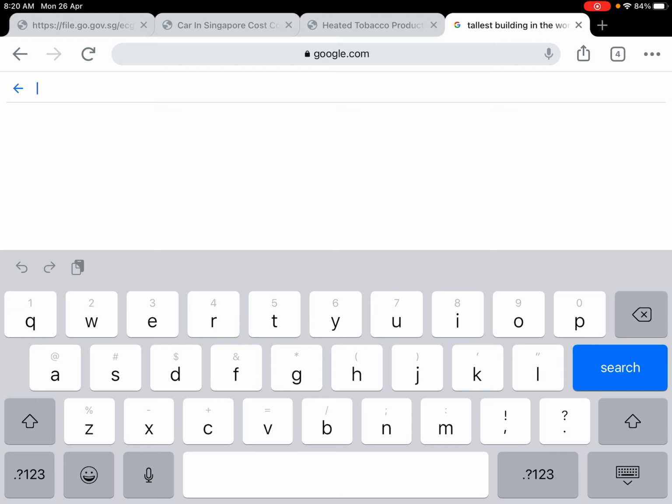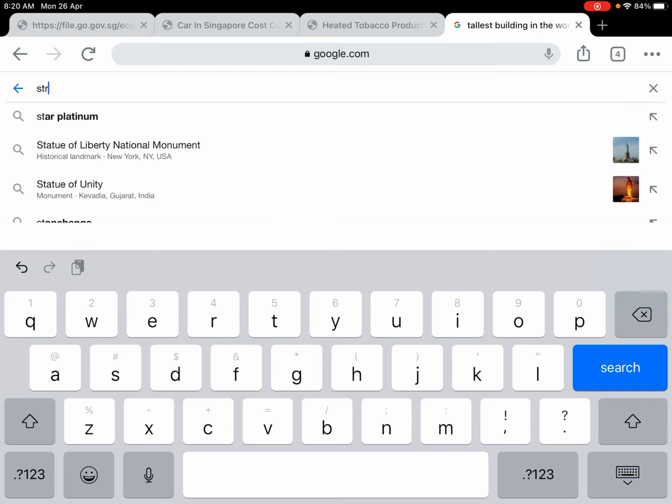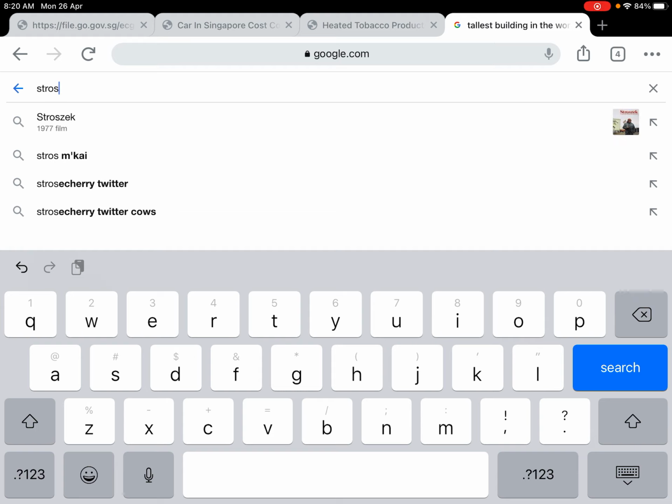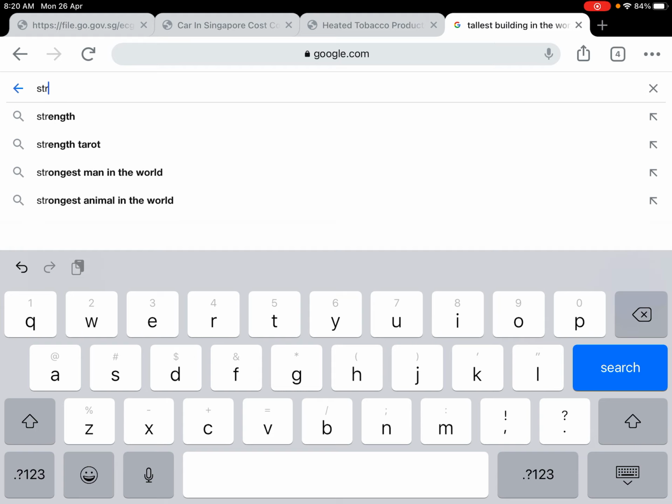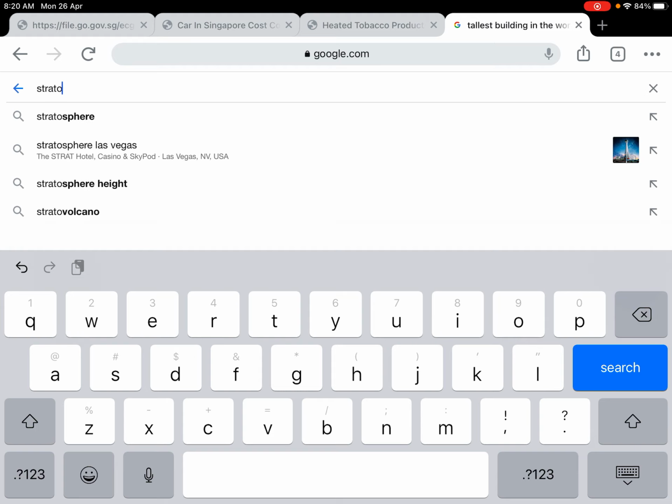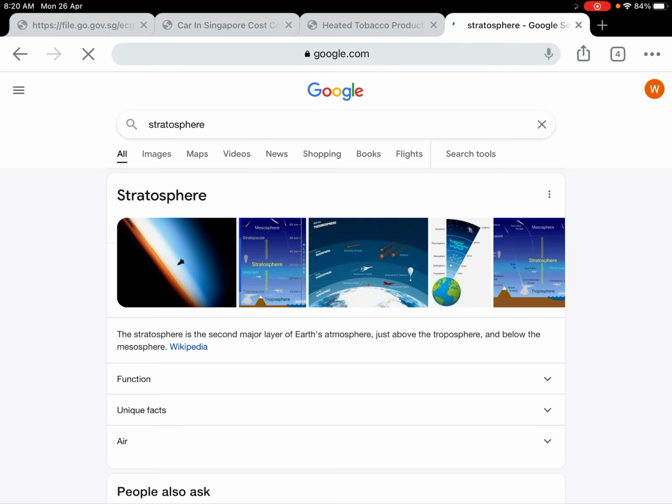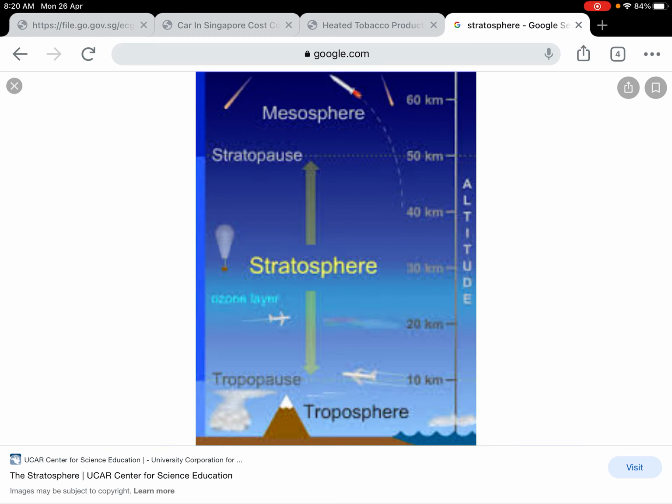The stratosphere or something, is it? Stratosphere. It's the second major layer of Earth. 18 km. Wow, the plane is going to knock into it. Okay, no, that's not very nice to say.